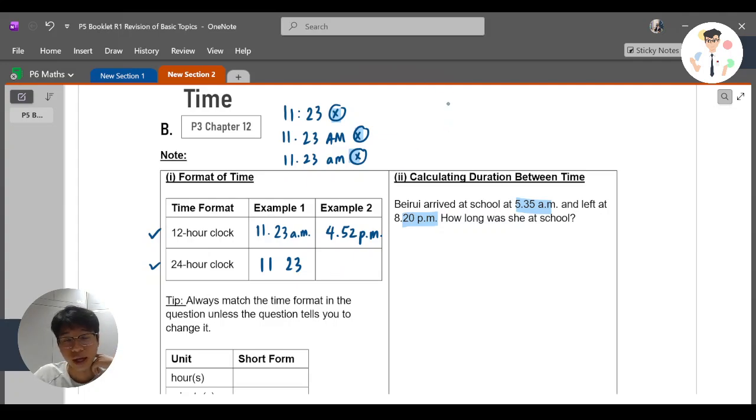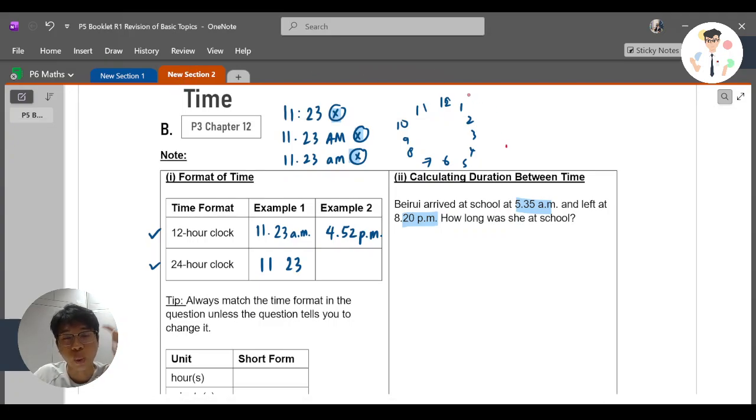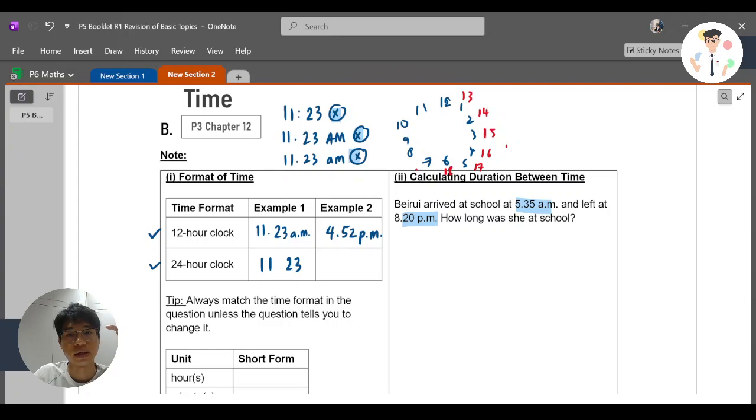If you look at the clock, it's 12, 1, 2, 3, 4, 5, 6, 7, 8, 9, 10, 11. But in the 24-hour clock system, 1 p.m., let me repeat, in p.m., is actually 13. So here will be 14, 15, 16, 17, 18, 19, 20, 21, 22, 23. Then it will be 00.